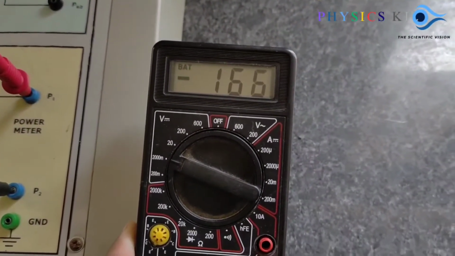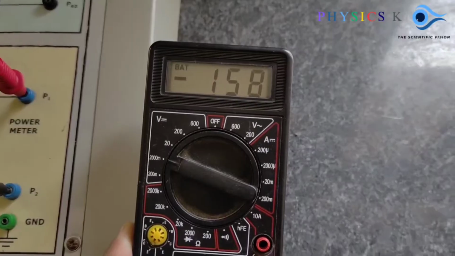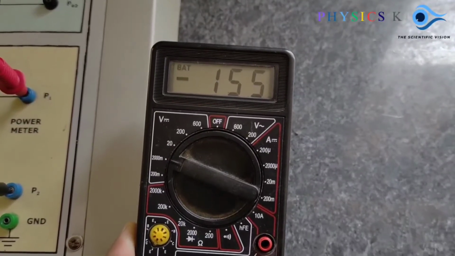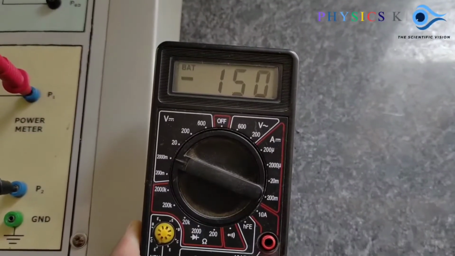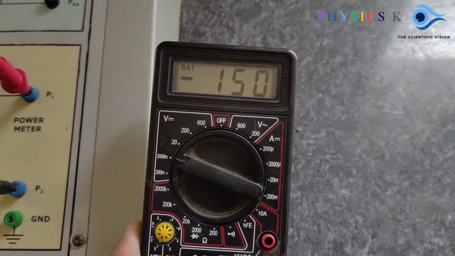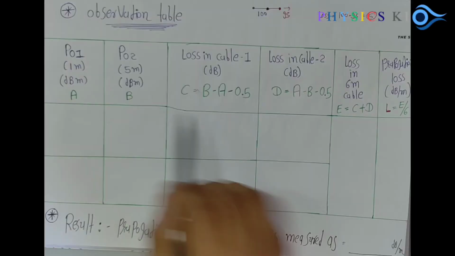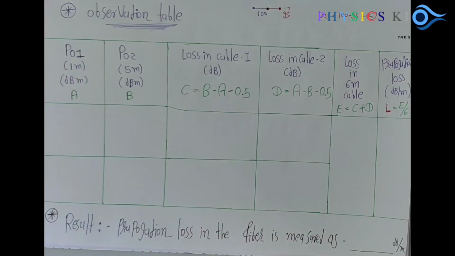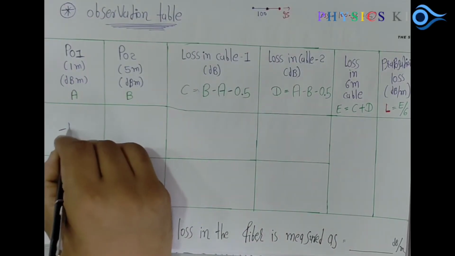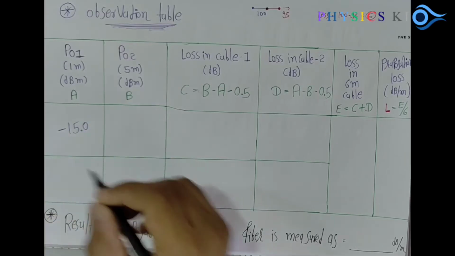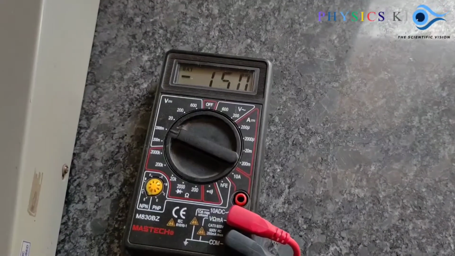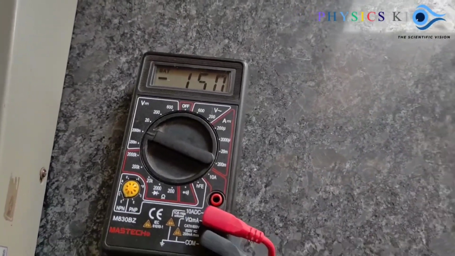But the multiplier is always calculated with 10. So that's why the original value is only 15.0, don't consider 150. Whatever the value, just divide it by 10, that's enough. So 15.0, because the trainer is already multiplied by 10.